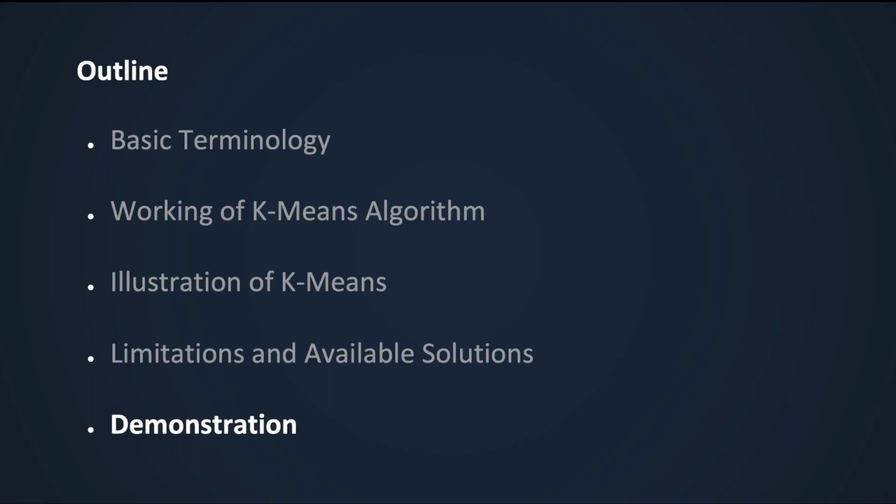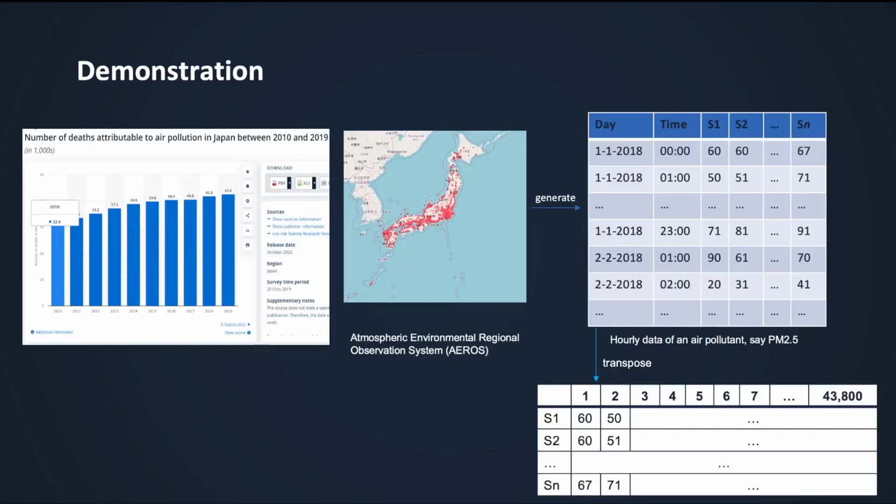In this demo, we will learn how to use the k-means algorithm to discover useful information from the data. Air pollution is a major cause of several cardiorespiratory deaths in Japan. To tackle this problem, the Ministry of Environment Japan has set up a nationwide sensor network to monitor air pollution.